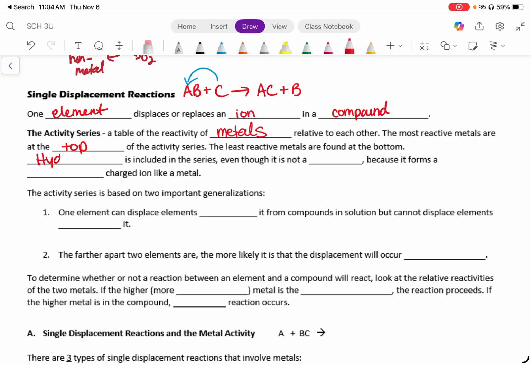Hydrogen, although it is not a metal, is also included in the series because it can form a positively charged ion, right?